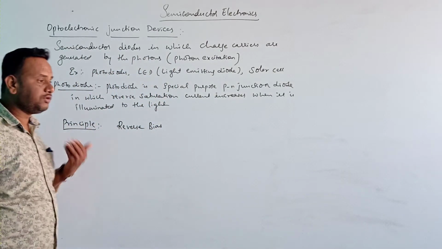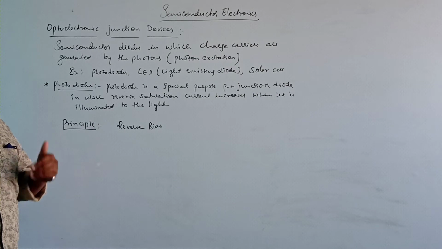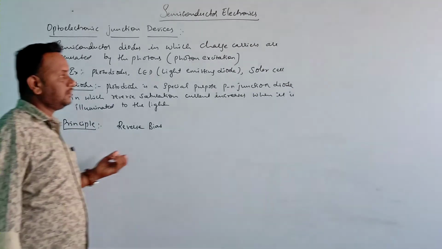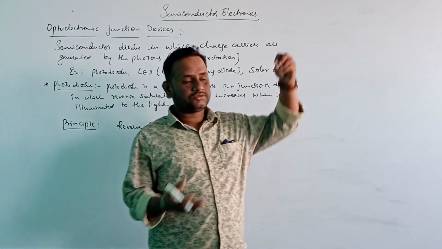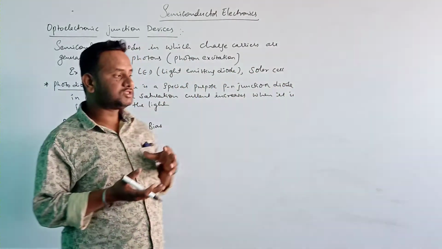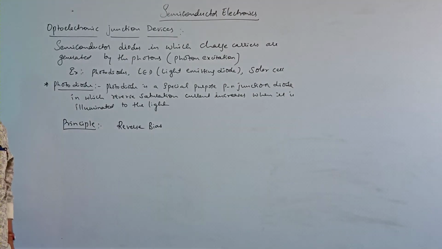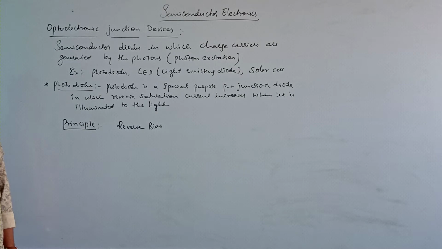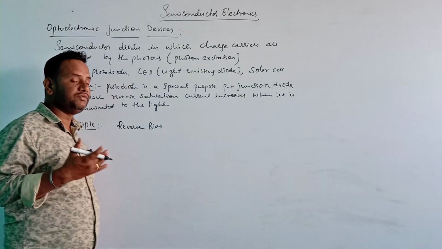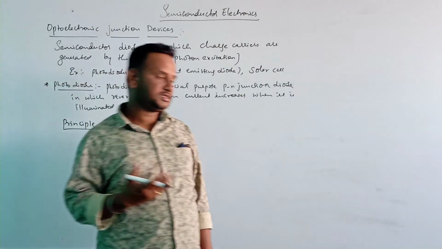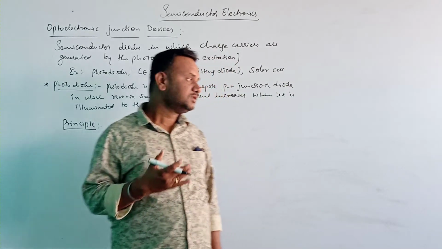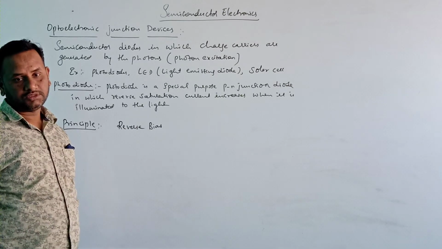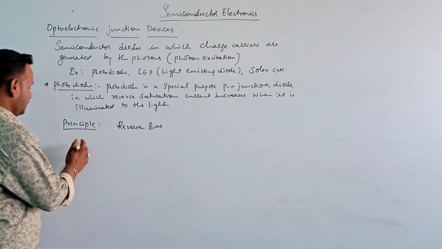Now, when this diode is illuminated to some certain frequency of light, charge carriers, that is electron hole pairs, are going to be generated, due to which the current is going to increase. So this works under the reverse bias. Here I am writing electron hole pairs.